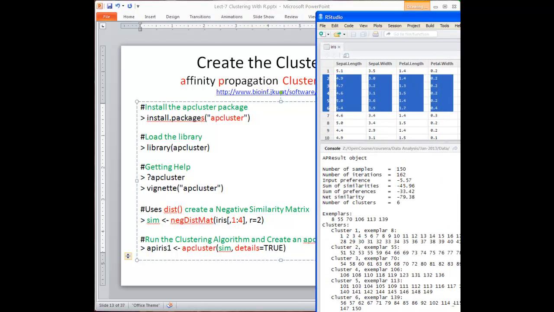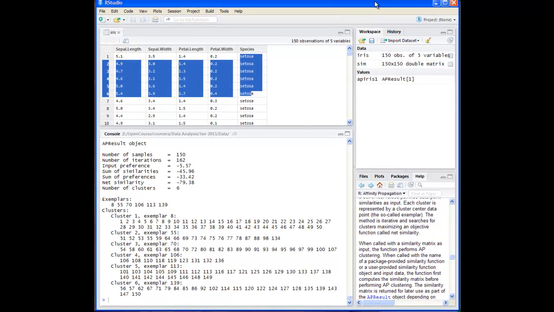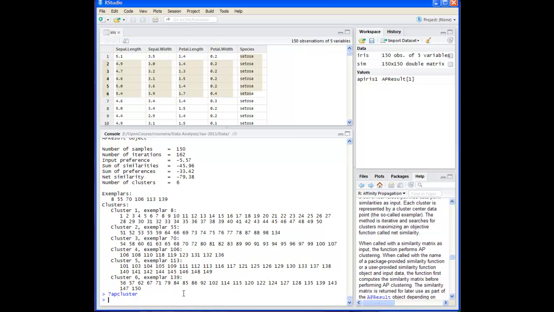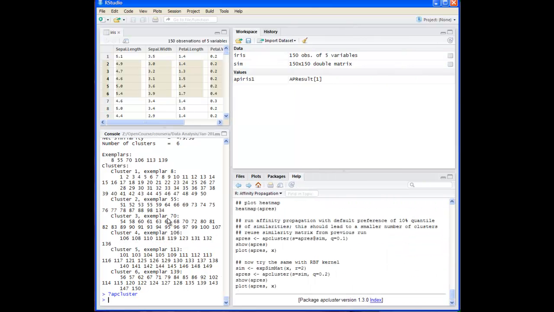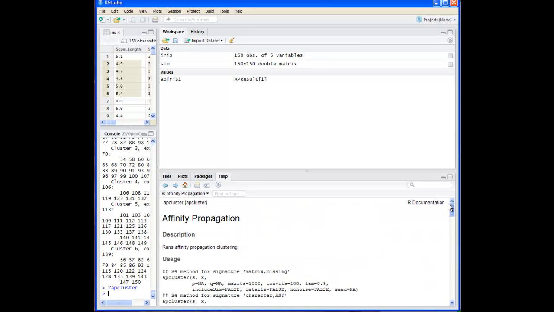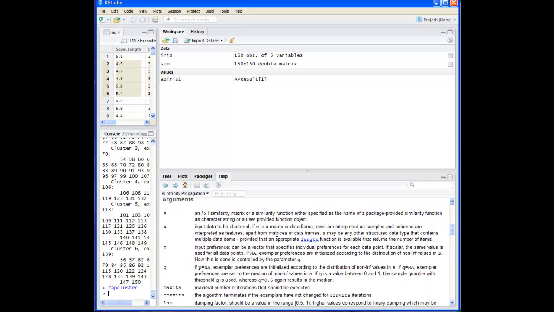If you notice in here, if I say question mark, there are other knobs I can turn on and off when I'm doing the similarity matrix or the X input.